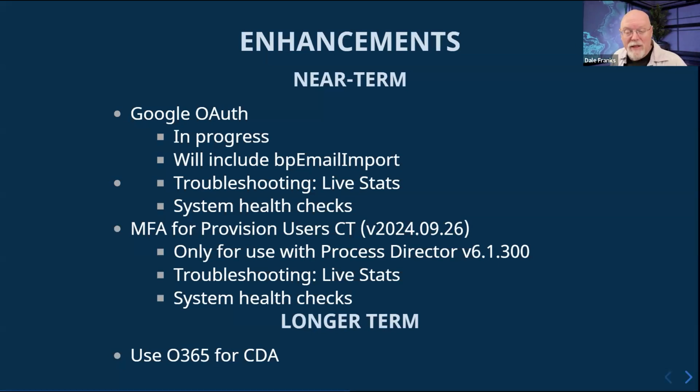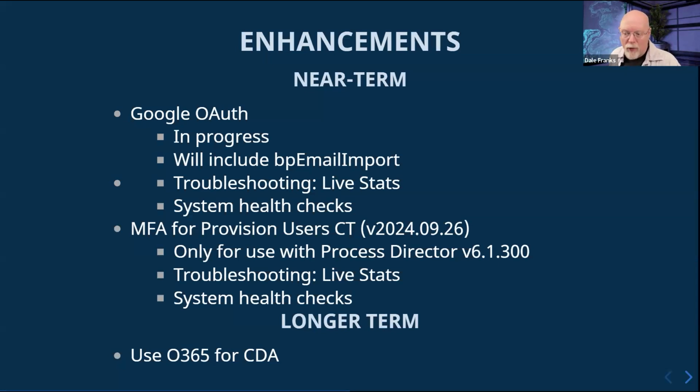Unfortunately, what that means is we're going to need to have two concurrent versions running of this custom task. So I've brought this up with the engineering team. What we will probably end up having to do is, on the downloads page of the support site, have two download links for two different custom tasks packages.